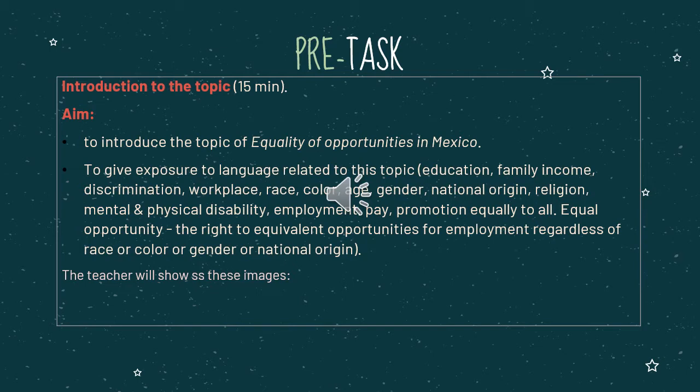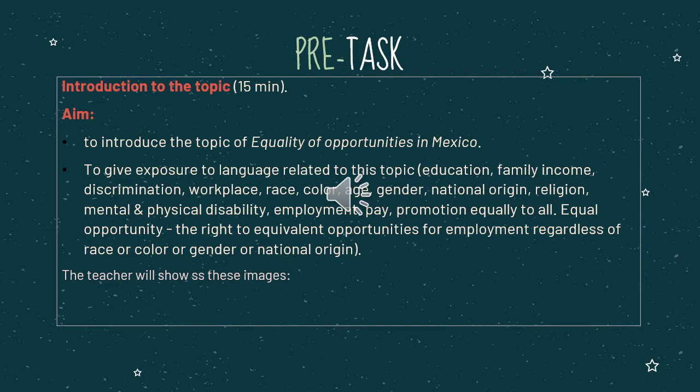For example, I would consider checking if students are familiar with this vocabulary: education, family income, discrimination, workplace, race, color, age, gender, national origin, religion, mental and physical disability, employment, pay, promotion equally to all.